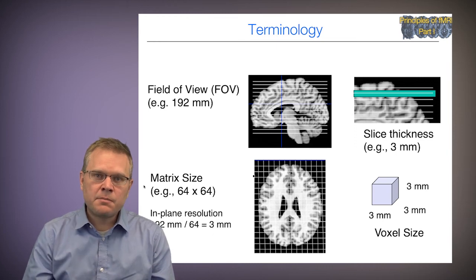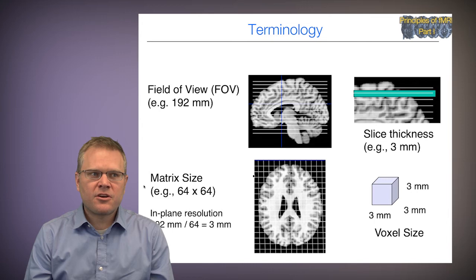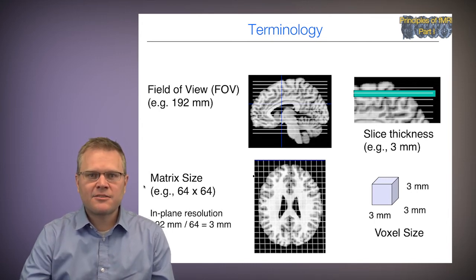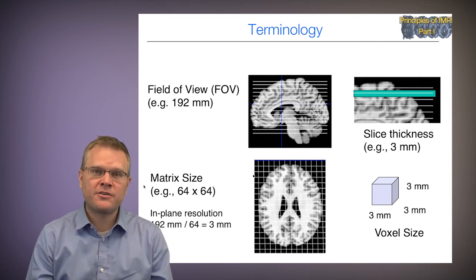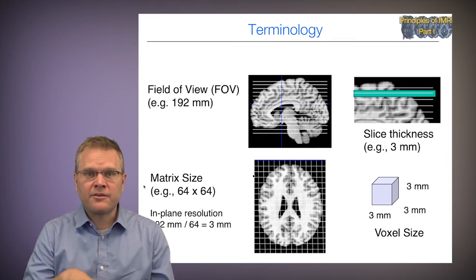Each slice is then split up into voxels. For example, in this cartoon, the slice is split up into 4,096 different voxels in a 64 by 64 grid. If we have 64 voxels and our field of view is 192 millimeters, then each voxel is going to be 3 millimeters in both the X and Y directions.